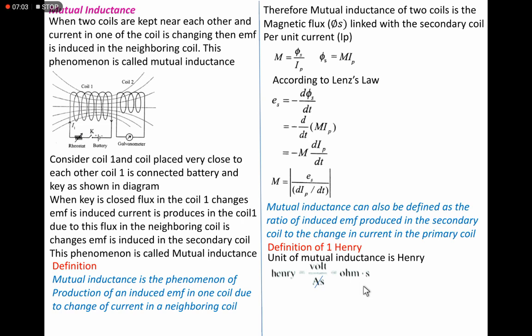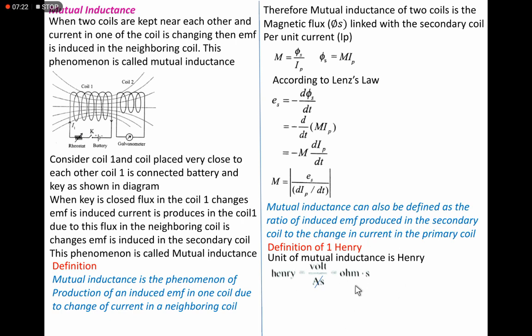Now by rearranging we write volt second by ampere. Volt by ampere is ohm, therefore here we write ohm second, and this ohm second is called Henry in honor of the scientist Henry.